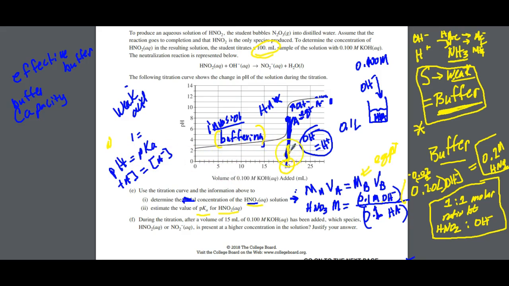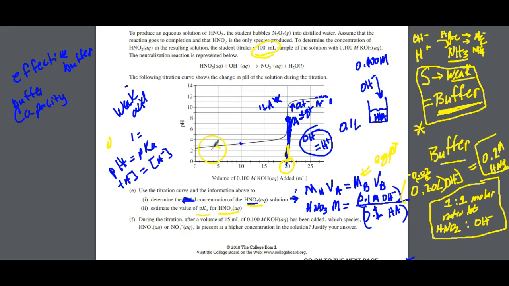So what's my half equivalence? 20 got it to equivalence, half of that is 10. So here, you've got to try to be as accurate as possible. I'm going to erase this so we can see better. If you zoom in, here is 10. Where does 10 meet the graph?